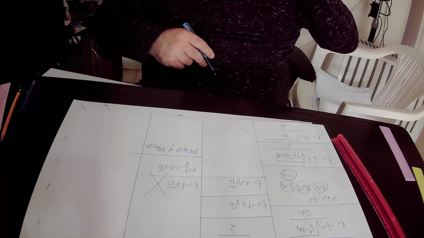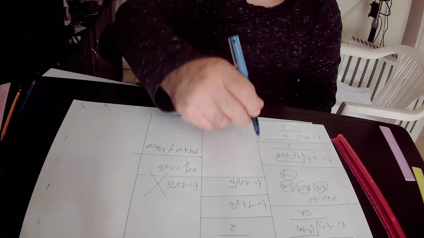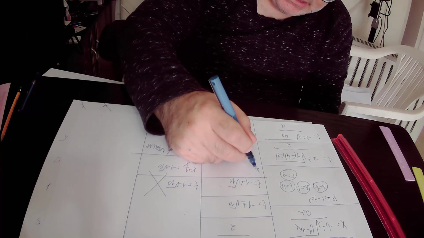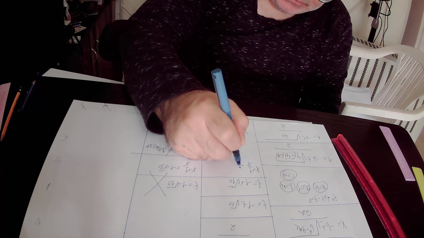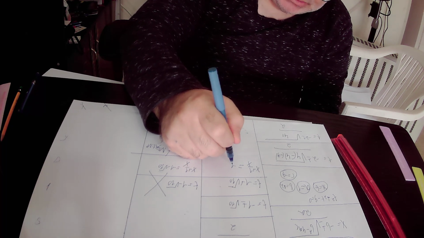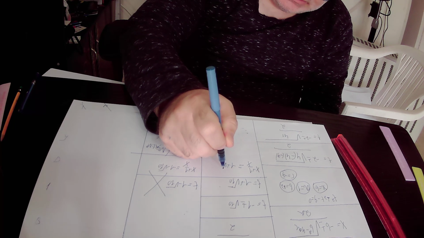According to our definition, t equals x plus 1 over x, and it equals minus 1 plus square root of 10.